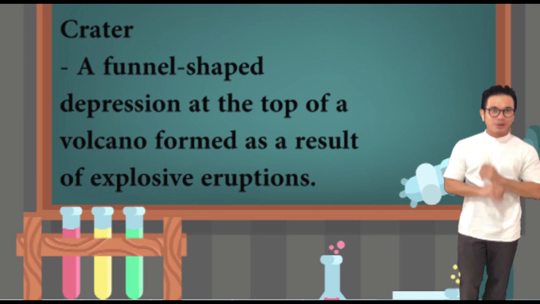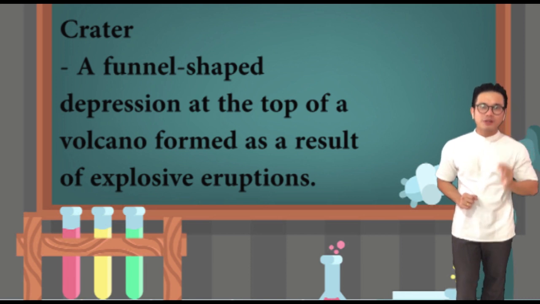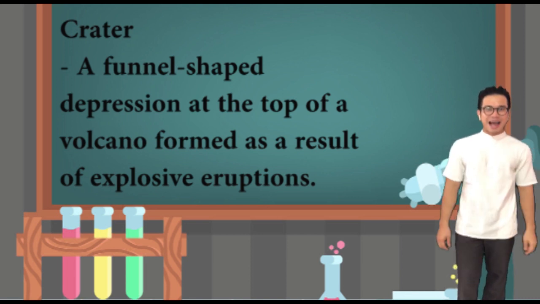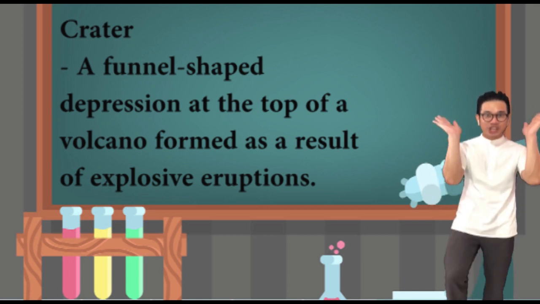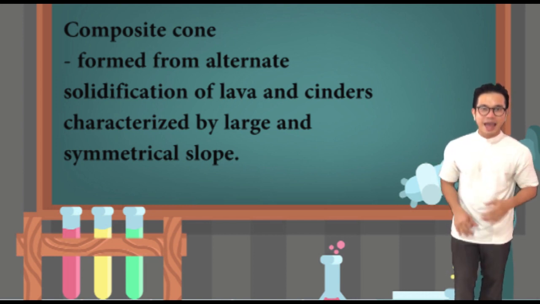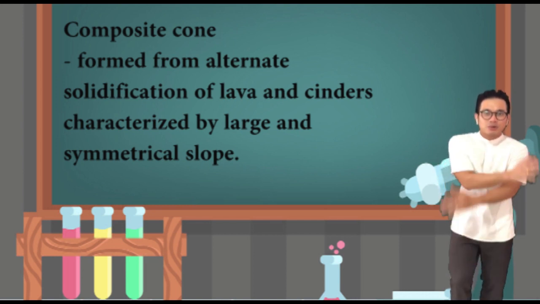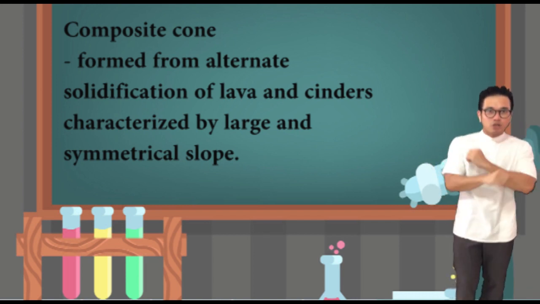Next is crater. It is a funnel-shaped depression at the top of a volcano formed as a result of explosive eruption. Next is composite cone. It is formed from the alternate solidification of lava and cinders characterized by large and symmetrical slope.